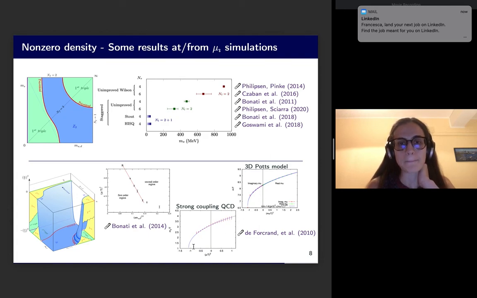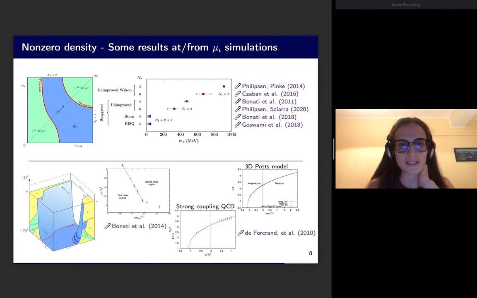In this case, the plot has the mass on the vertical axis and mu over T squared on the horizontal axis, but don't be confused by that, because this is precisely the continuation of this line in the other plot. And one could perform analytic continuation in this kind of setup, starting from simulations at imaginary mu.